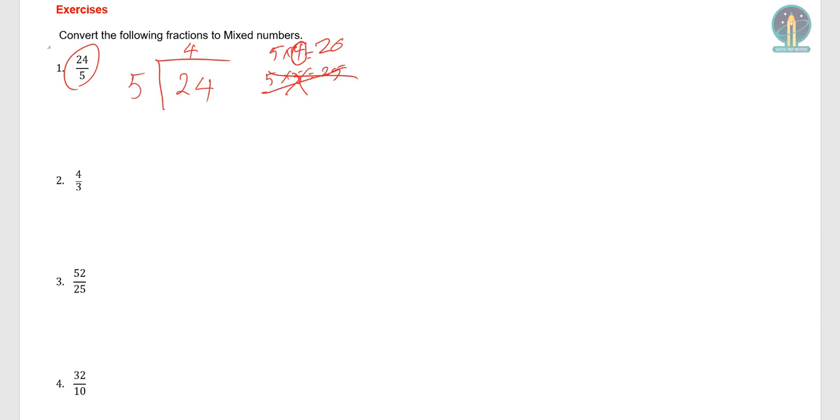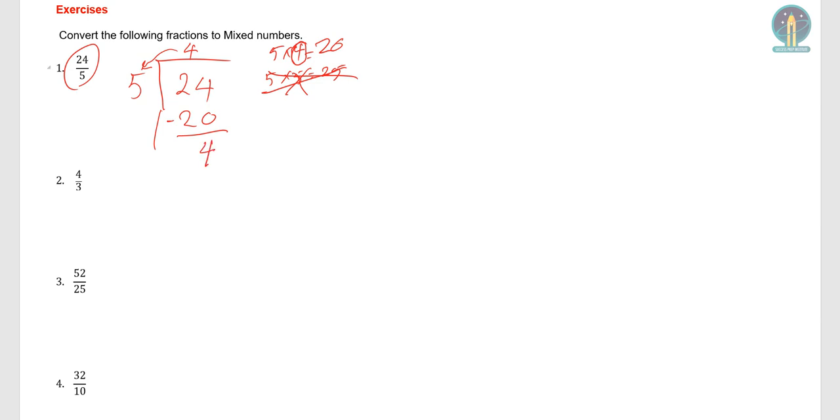Then you multiply the quotient times the denominator, and that gives you 20. Here you're essentially determining the remainder. So 24 minus 20 is 4.